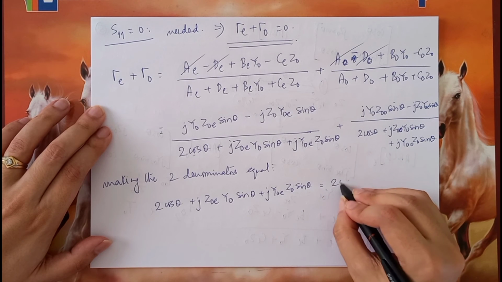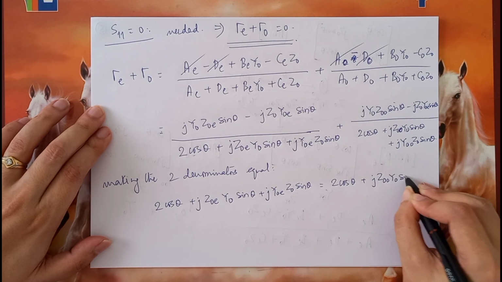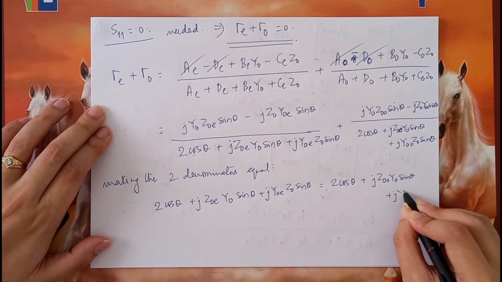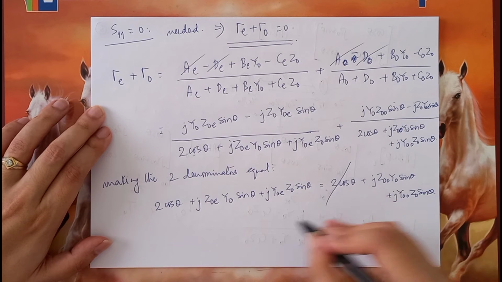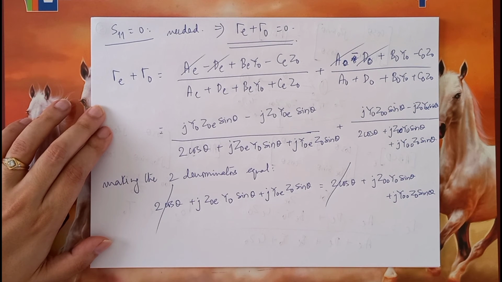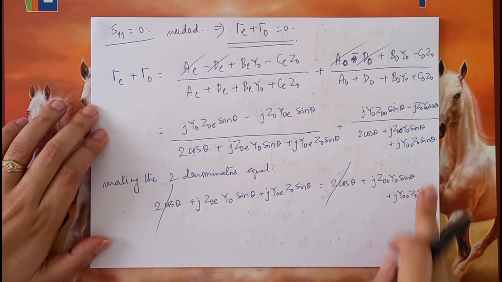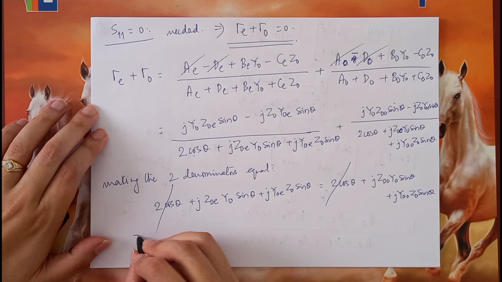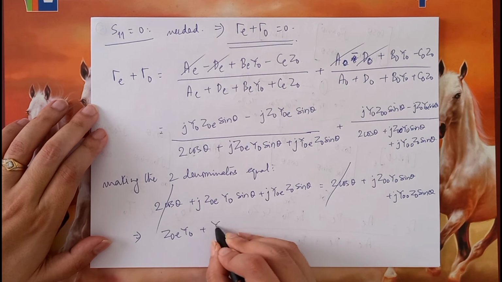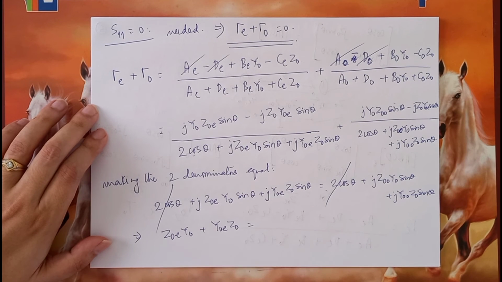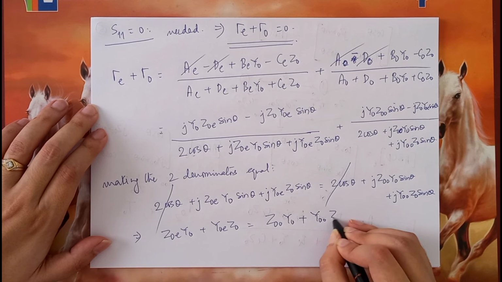This will be equal to 2 cos theta plus jZ0O Y0 sin theta plus jY0O Z0 sin theta. This term and this term will get cancelled. So after cancelling these two, even the sin theta terms will get cancelled. What we will have left behind is only this: Z0E Y0 plus Y0E Z0 will be equal to Z0O Y0 plus Y0O Z0.